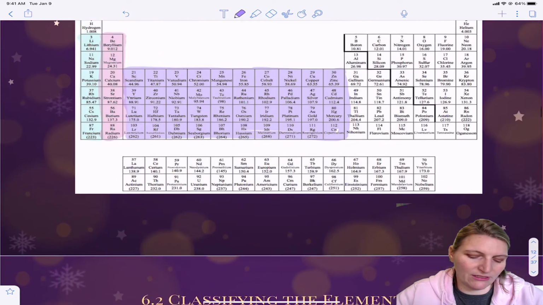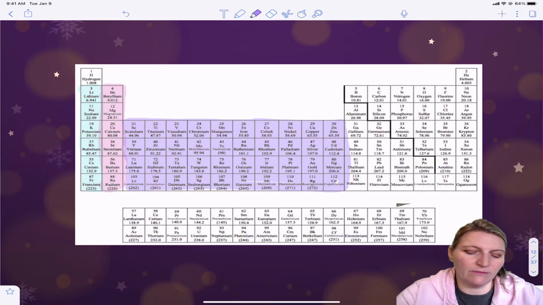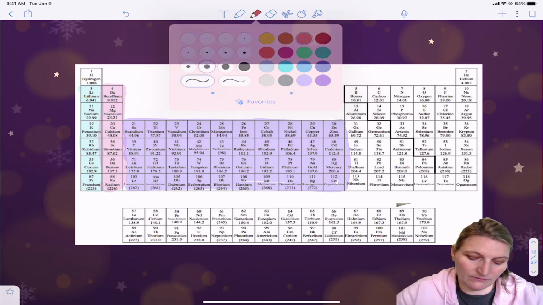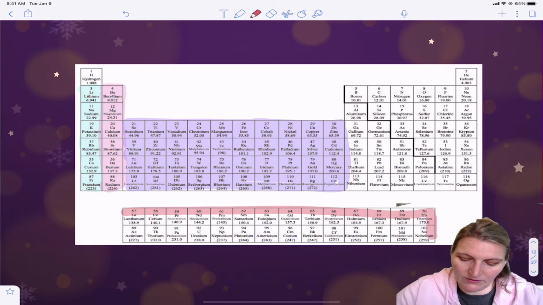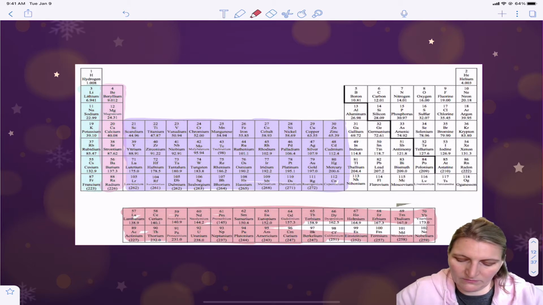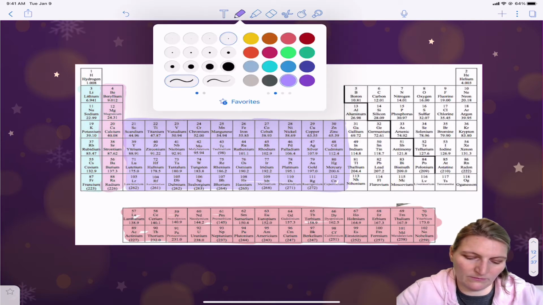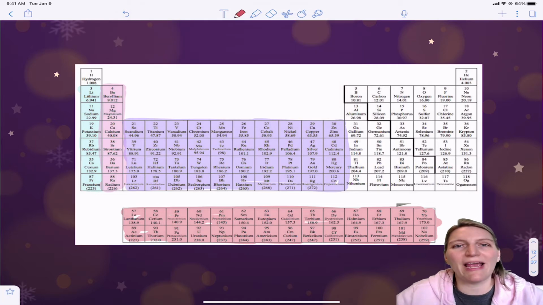The inner transition metals are the F block metals. So those F block metals are together called the inner transition metals.